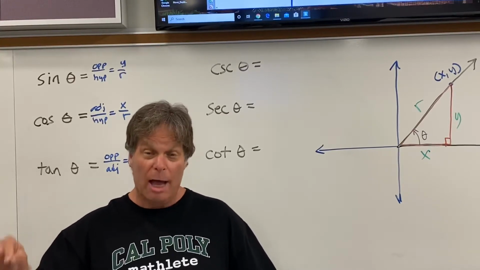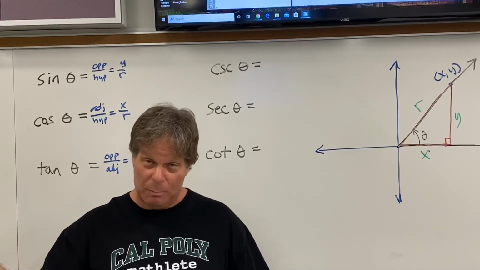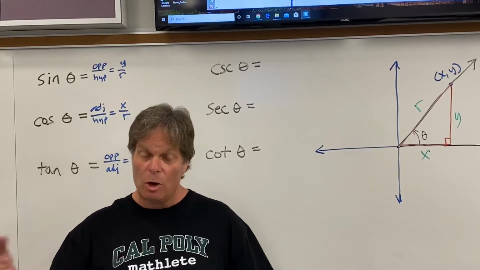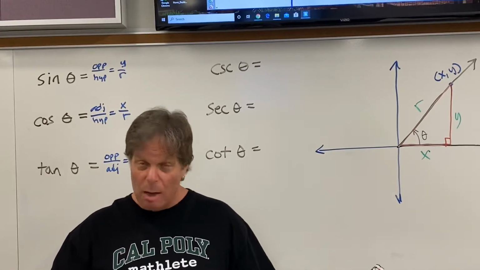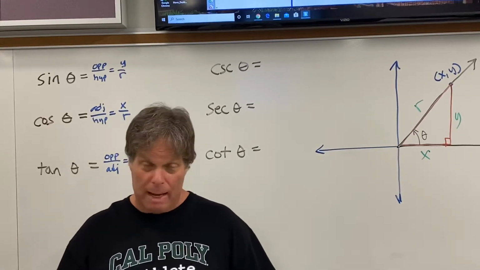Don't ask me why, that's it. I would have recommended differently, but they didn't ask me, okay? One good thing is the reciprocal of tangent is cotangent, like you would expect. But secant and cosecant are flipped around.